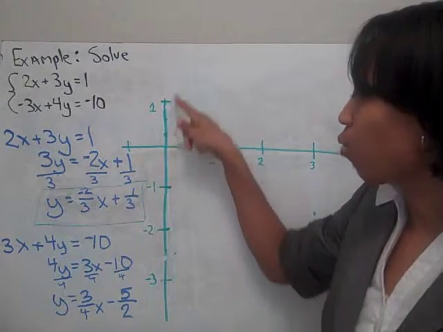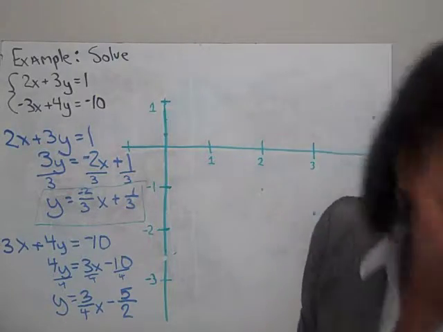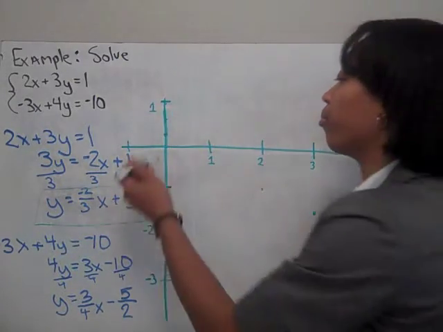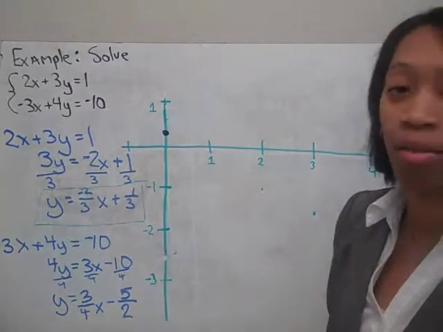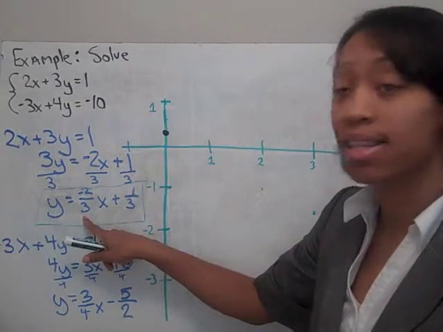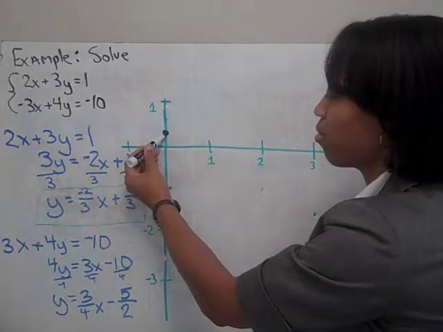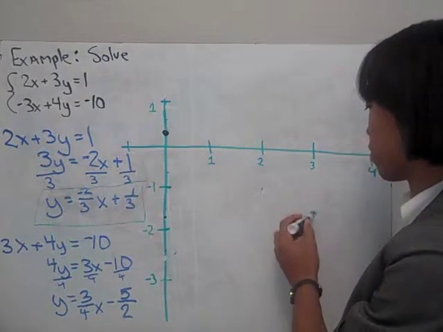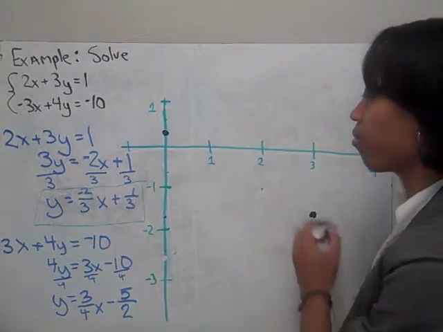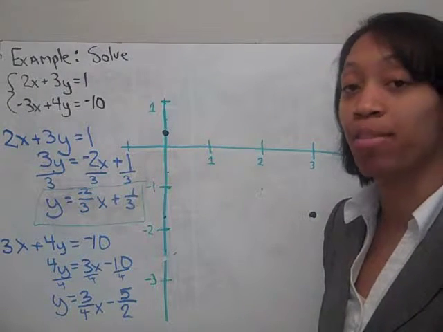So I need to come to 1/3 on my y-axis. I'd say that's about there. Then we need to rise -2 and run 3. So come down to over 3. When I connect those 2 points, that's going to be my first line.